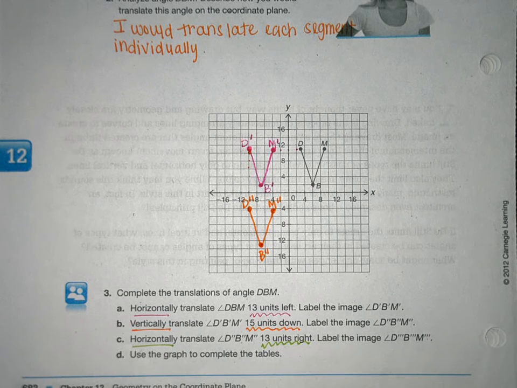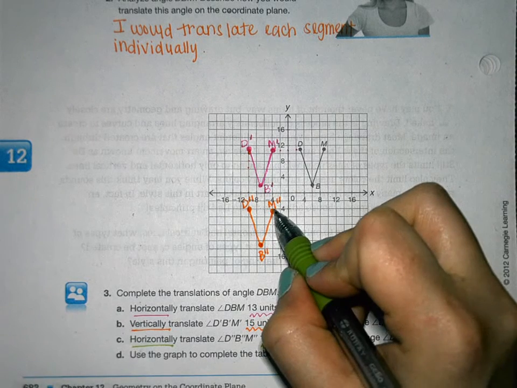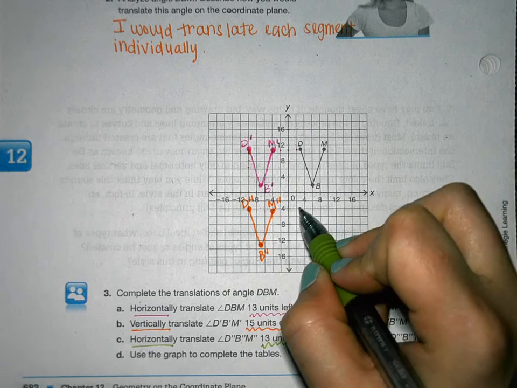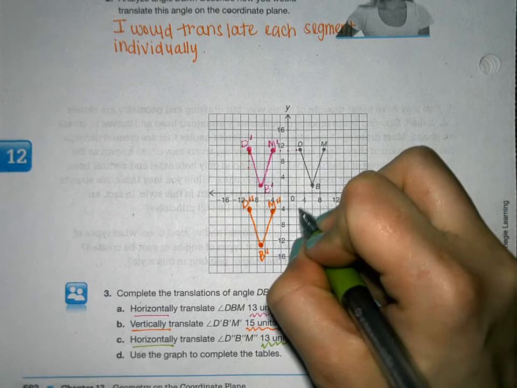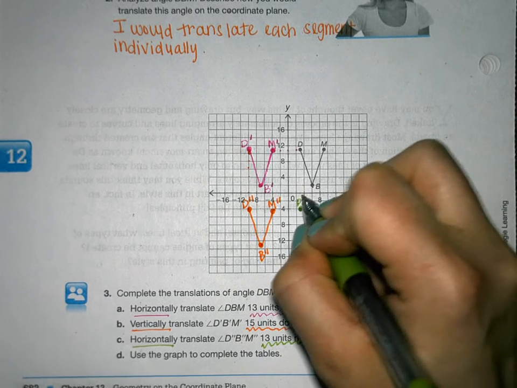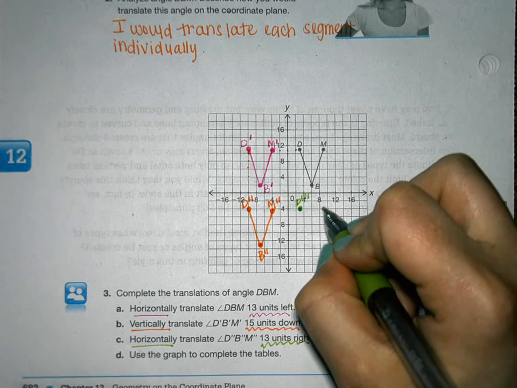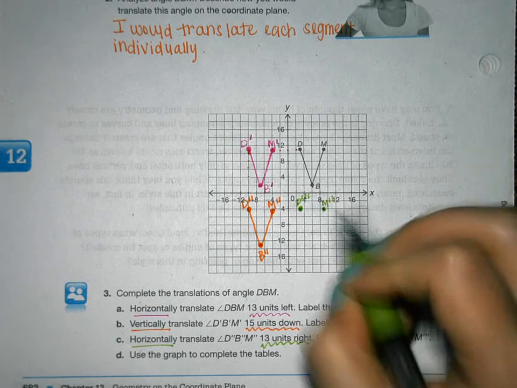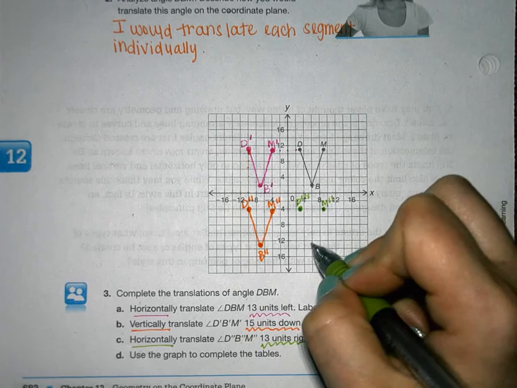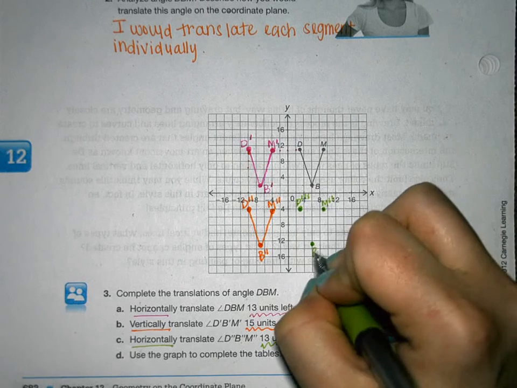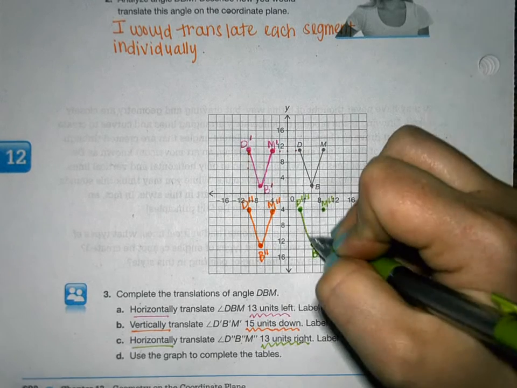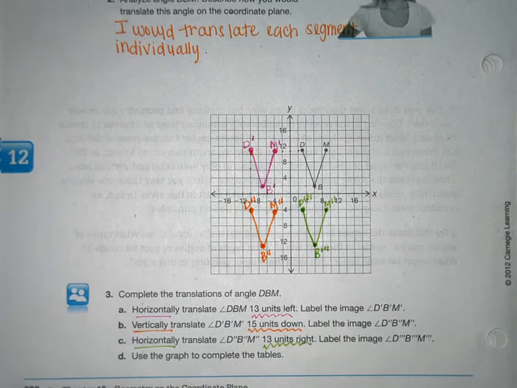And then we were going to horizontally translate 13 units to the right. So we're going to end up almost exactly where we started. So D triple prime, M triple prime should be somewhere right here, and B triple prime should be right here. So your translations should have looked like that.